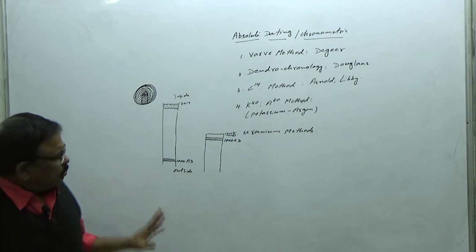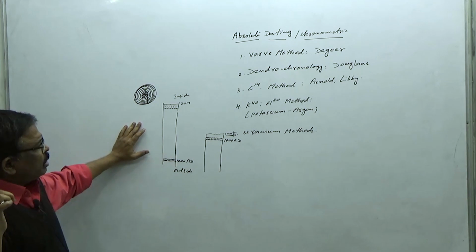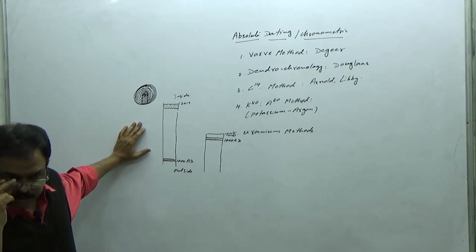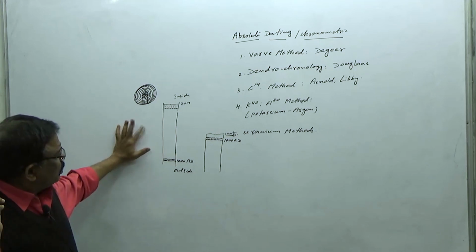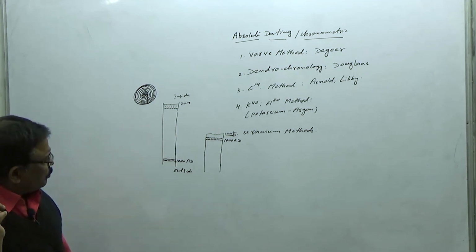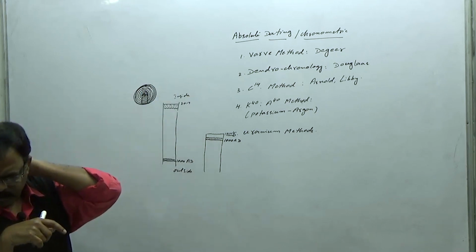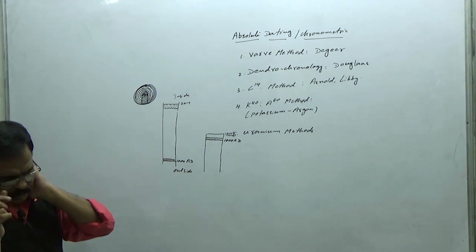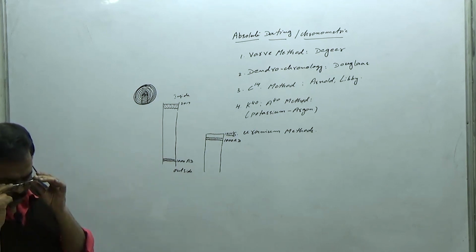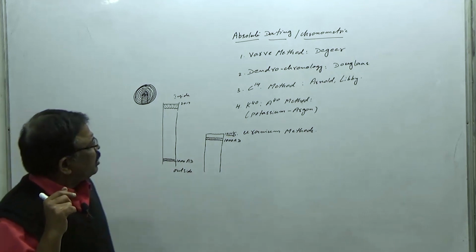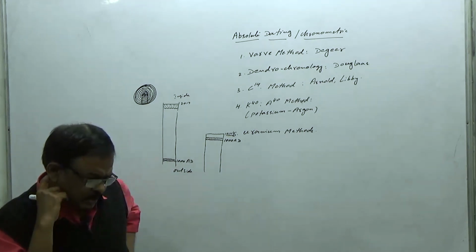This is the dendrochronology method, the annular ring method. Write it then. Dendrochronology.